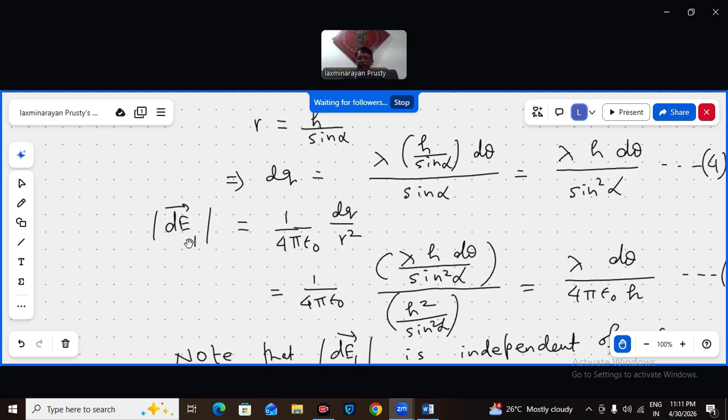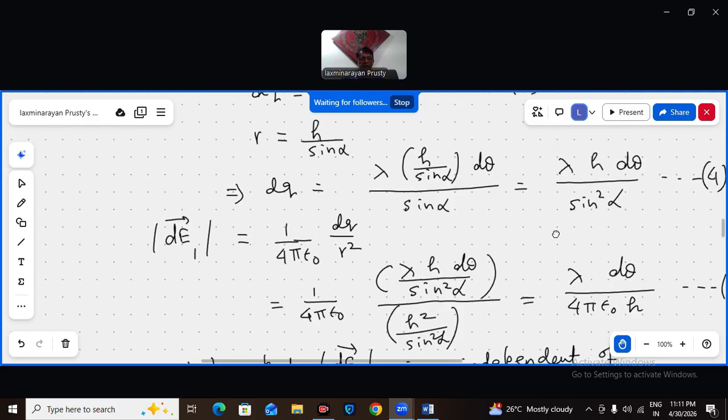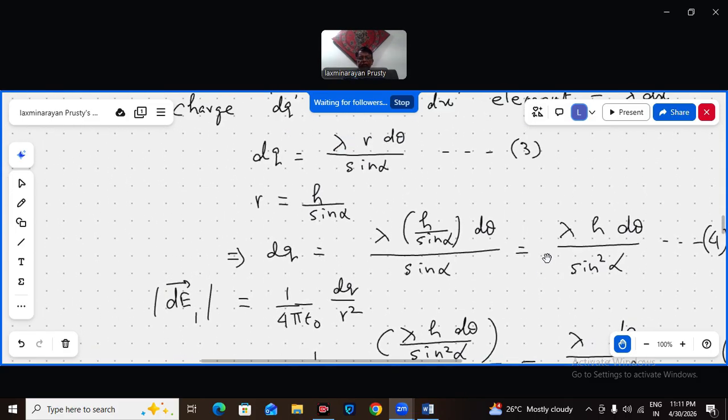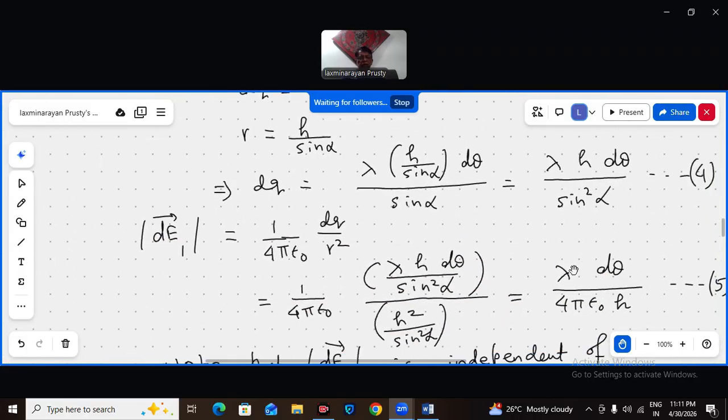So surprisingly dE1 does not have any term of r, alpha also is not there, only d theta. dE1 depends only on d theta. h is a constant, lambda is a constant.